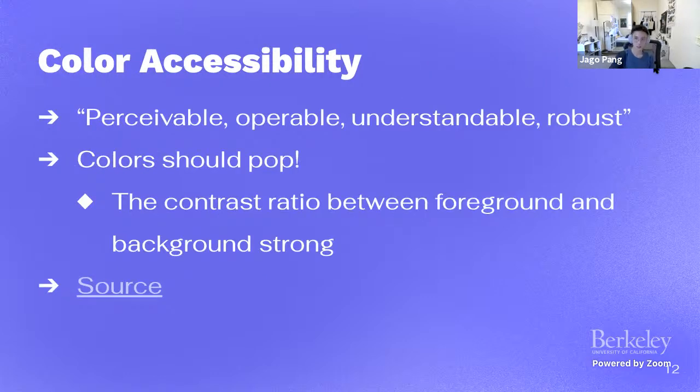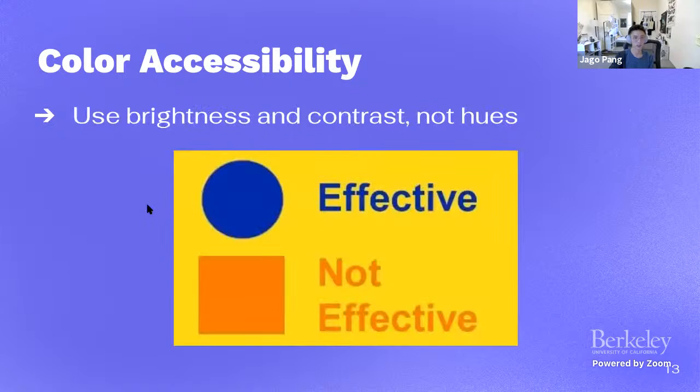So, color accessibility. This should be a general standard when making any visual asset, making sure that your color is accessible. Essentially your color should pop, meaning the contrast ratio between the foreground and background should be strong. To create this contrast, either use brightness and contrast, or contrasting colors specifically, rather than using similar hues.